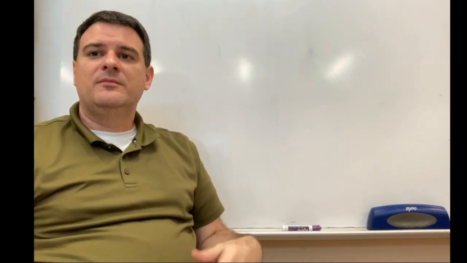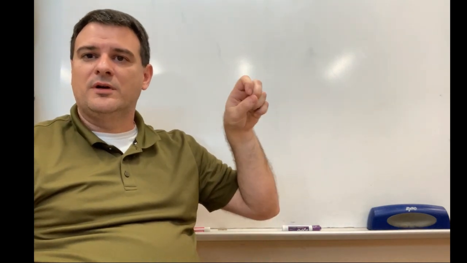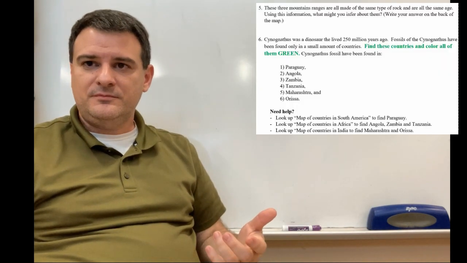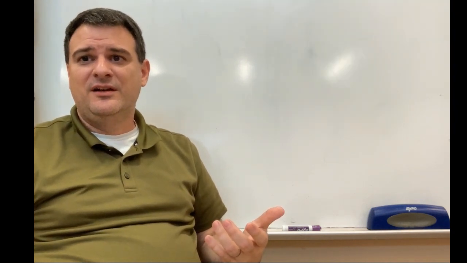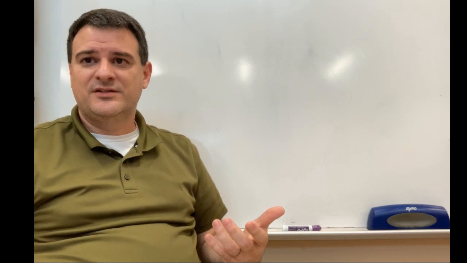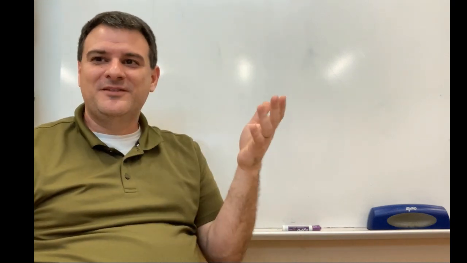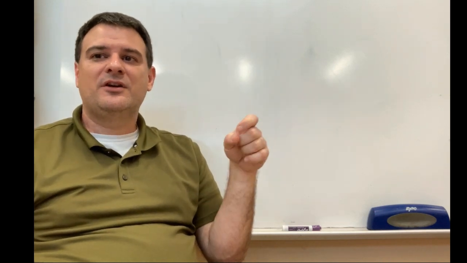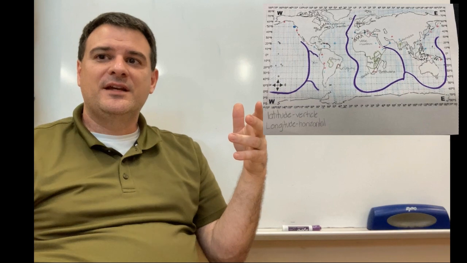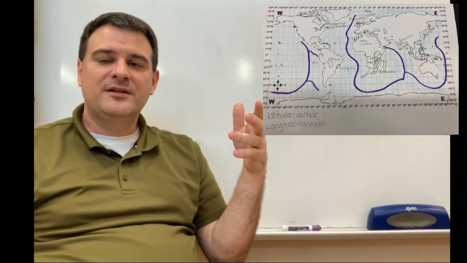Okay? Next thing I do is I have them go on their map and they find out where some fossils were found. This fossil I actually can't pronounce, the Synagnathus. But it was a dinosaur that lived around 250 million years ago, and I had them look up some countries, and they plot out those countries, and what they find out is that it lived right here in South America.